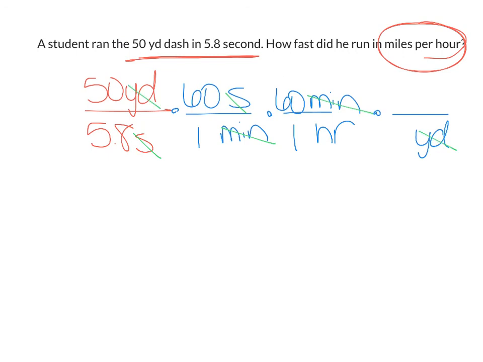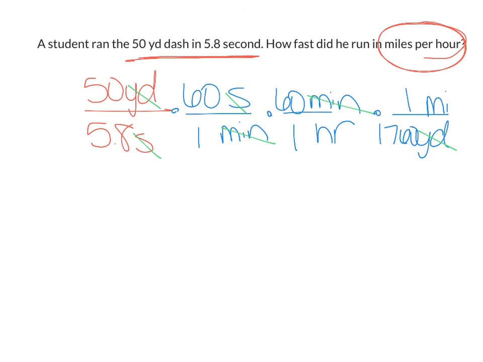And I'm going from yards to miles. Once again, if you're not sure what it is, go ahead and consult good old Google, and I'll tell you that in 1 mile there are 1,760 yards. You can always double check that the only units I have left are miles per hour. I've crossed out all of the rest of them, which is what I wanted.